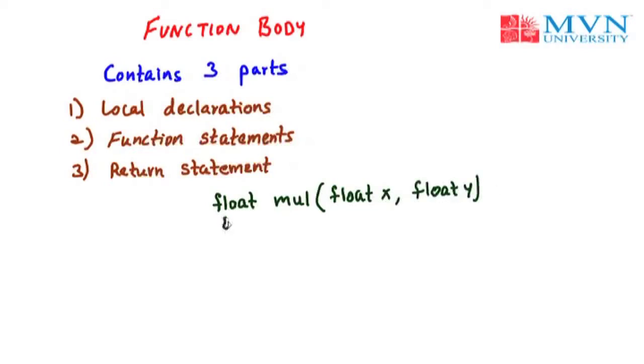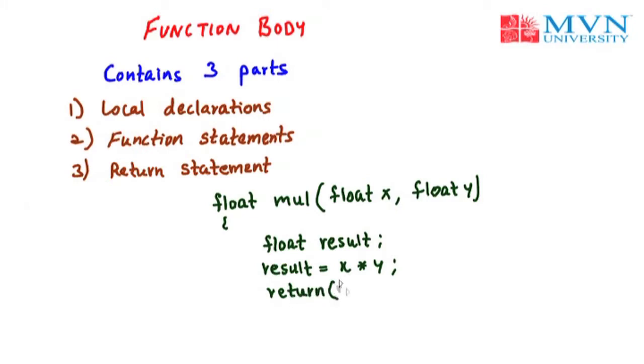Opening braces, the local variable is of the type float and name is result, semicolon. Then result is equal to x into y, and the value of the result variable will be returned by the function like this using return statement, and then the closing braces.